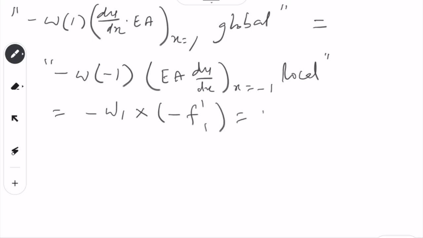So you get W1 multiplied by F11. Okay. So we got this value.